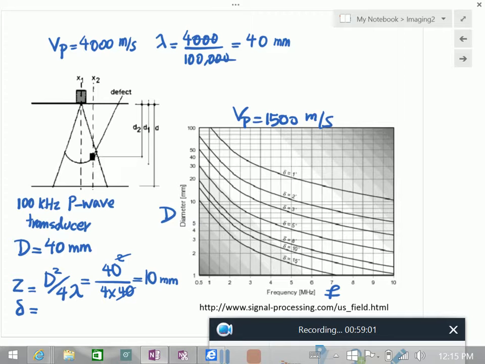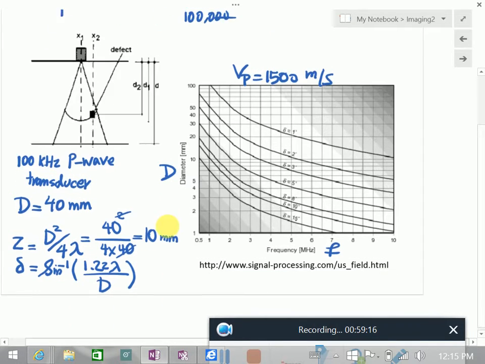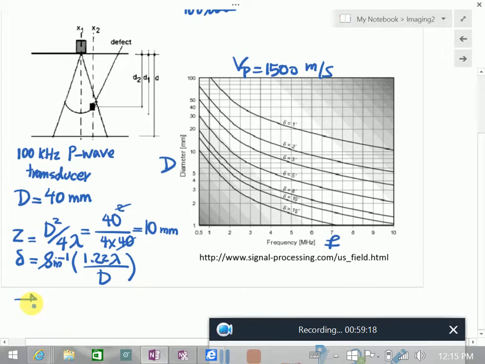What do we have for delta? Yeah, we can calculate it.